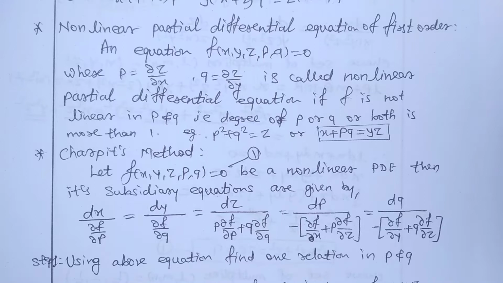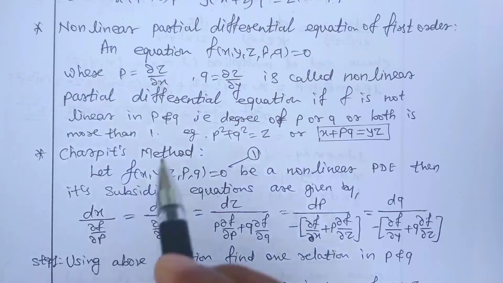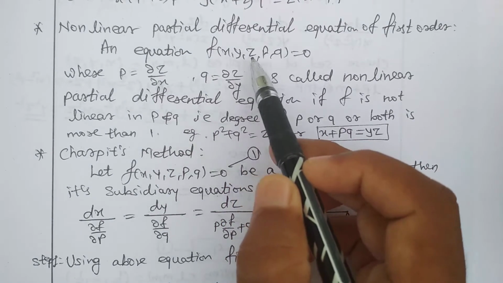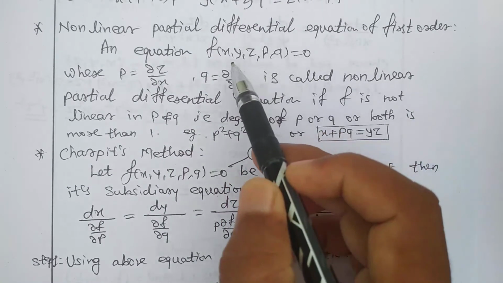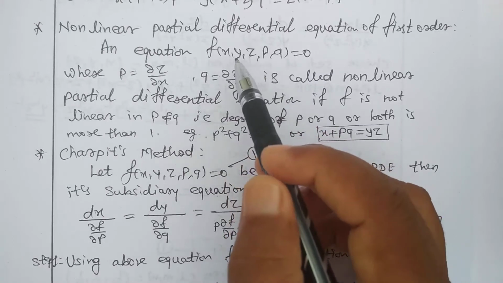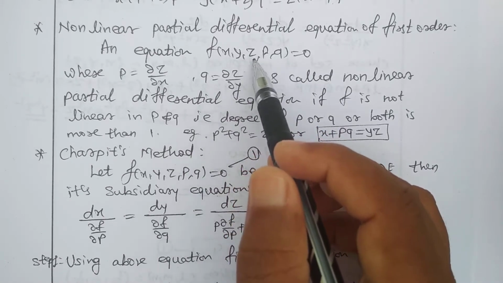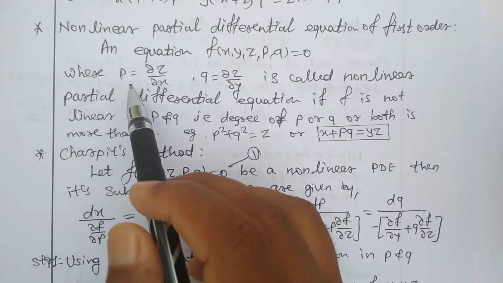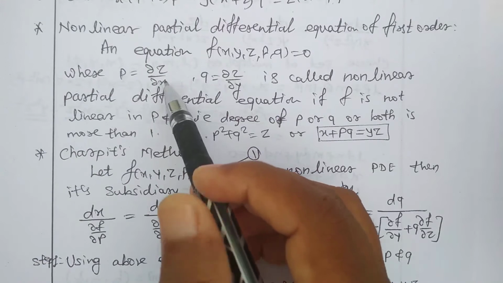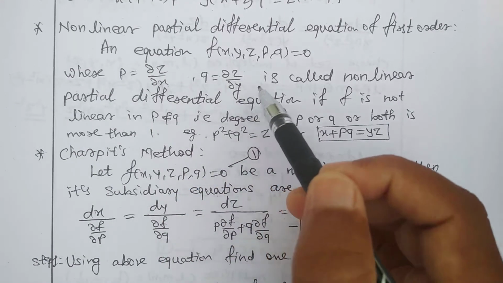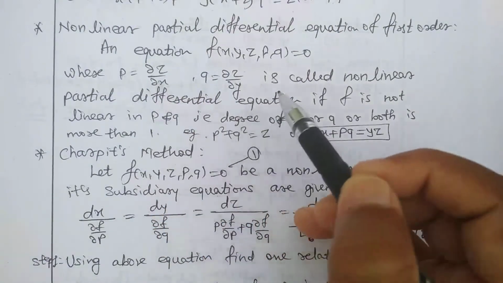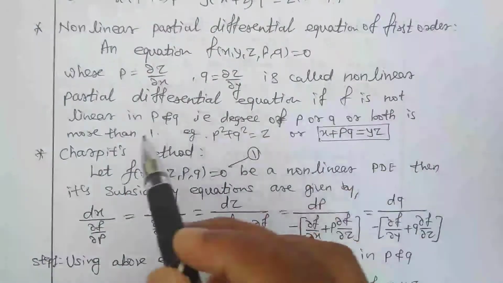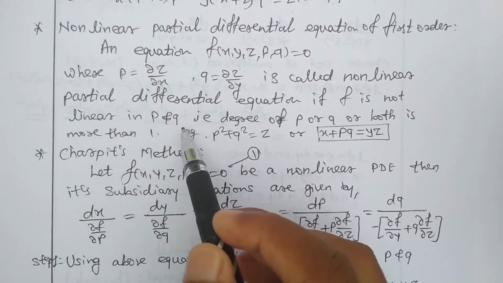So first of all, see what is a non-linear partial differential equation. An equation of the type f of x, y, z, p, q equals 0, that means a function in terms of x, y, z, p and q equals 0, where the value of p is nothing but ∂z/∂x and the value of q is ∂z/∂y, is called a non-linear partial differential equation if f is not linear in p and q.